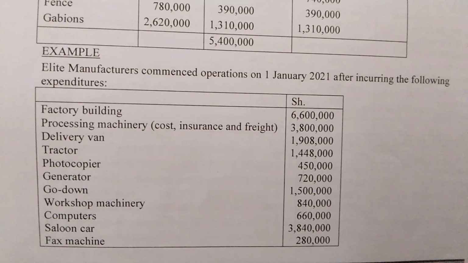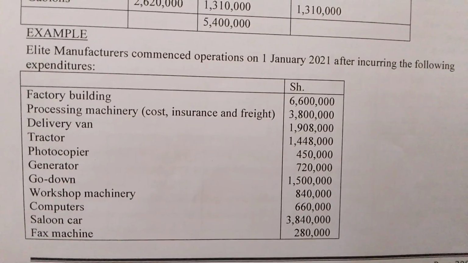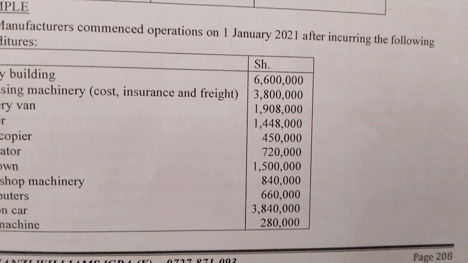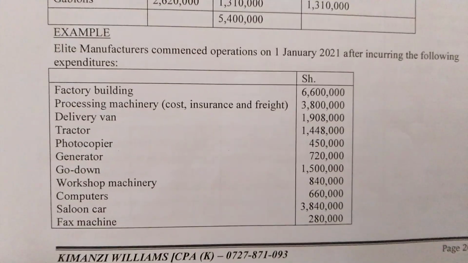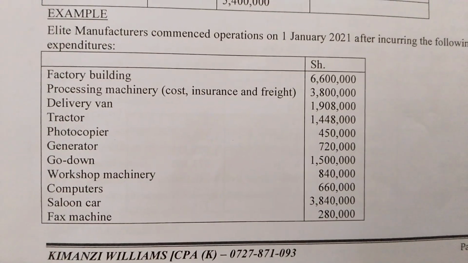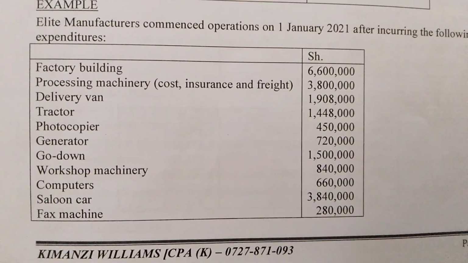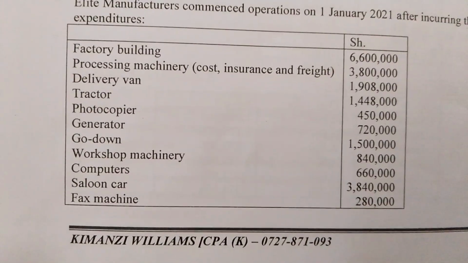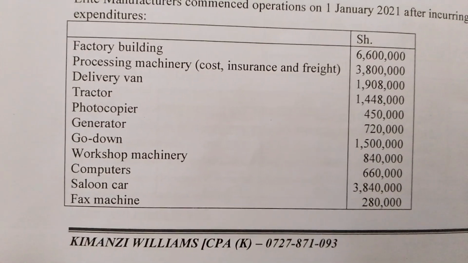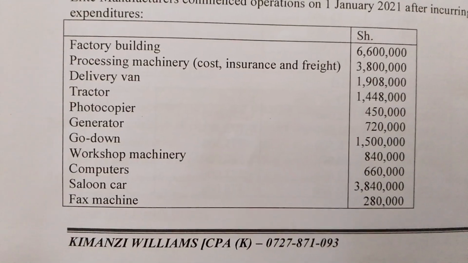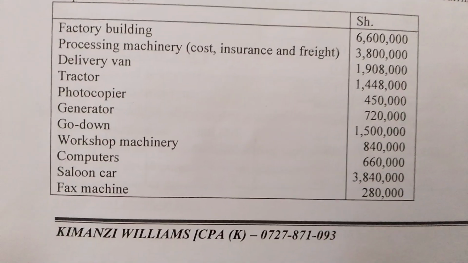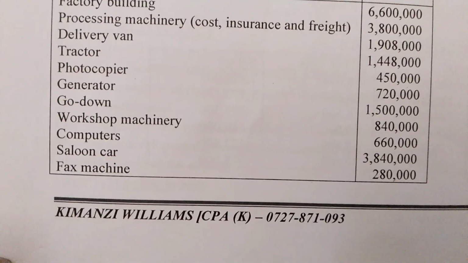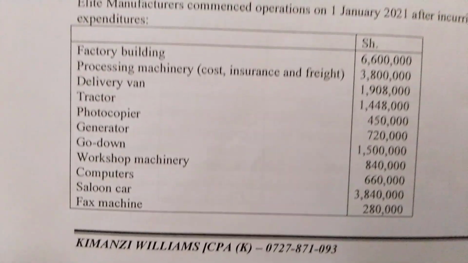Elite manufacturers commenced operations on 1st January 2021 after incurring the following expenditure: factory building, processing machinery (cost, insurance and freight), delivery van, tractor, photocopier, generator, godown, workshop machinery, computers, saloon car, fax machine.